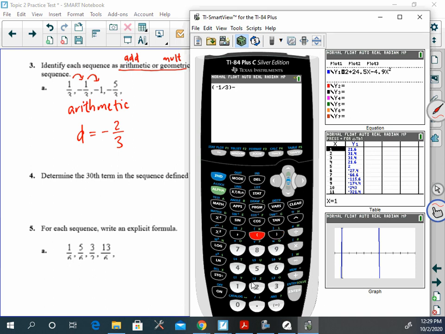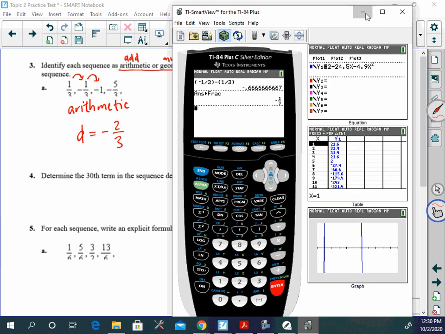So I subtract parentheses 1 divided by 3. It's going to give me this decimal, which is okay, but the fraction's better. If you go to math here and hit enter for fraction, it'll switch it to a fraction for you. And you can see that that's your common difference. So we end up with the same answer that I have up here. So we might jump to that calculator on occasion.